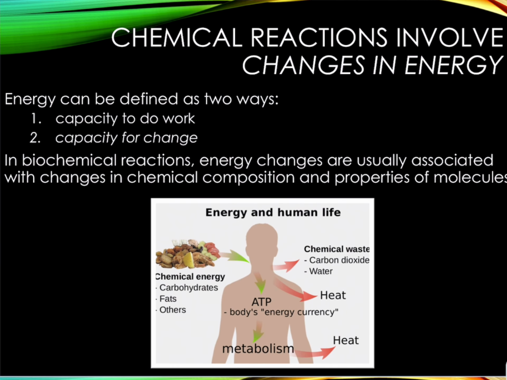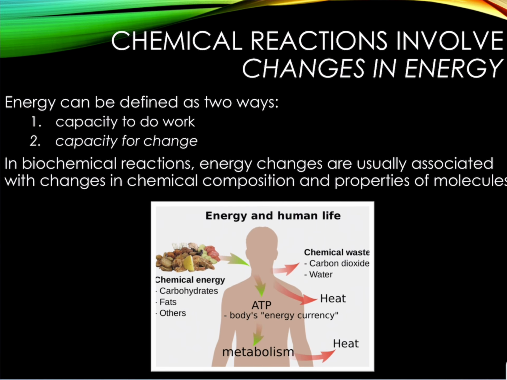So chemical reactions involve changes in energy. Energy can be defined in two ways: the capacity to do work and the capacity for change. In biochemical reactions, energy changes are usually associated with changes in chemical composition and properties of molecules. A little picture here, energy in human life. Chemical energy goes into the human via carbs, fats, and other foods.